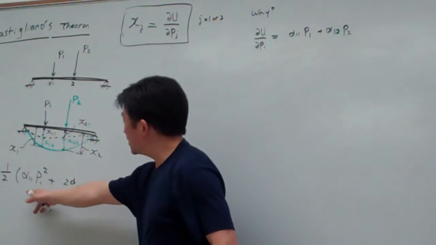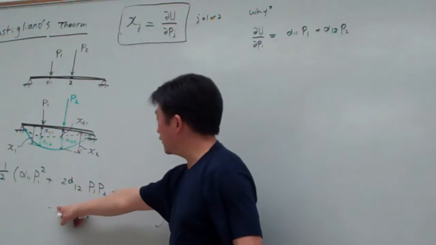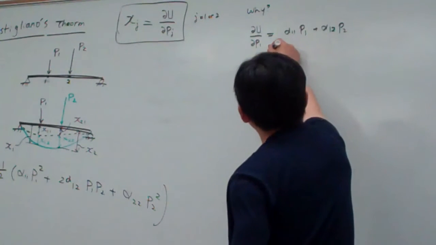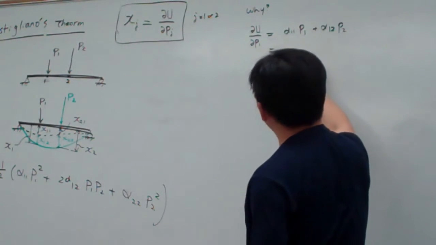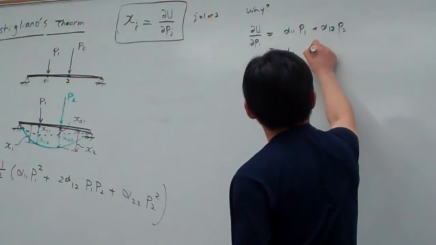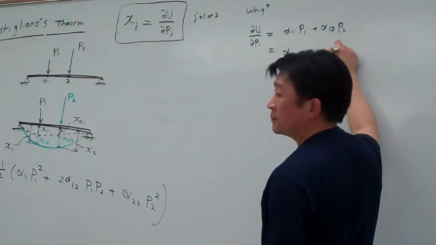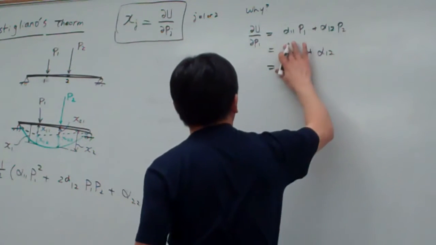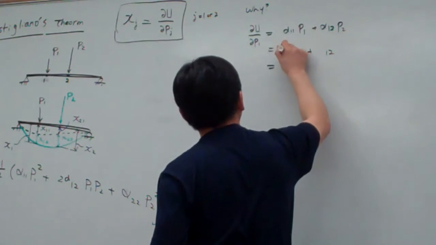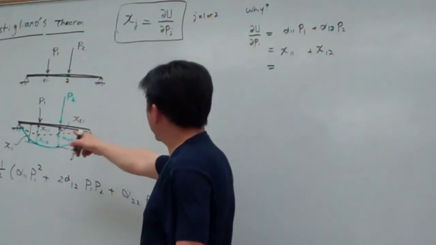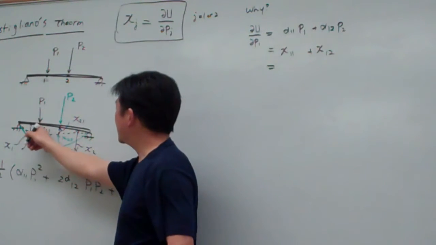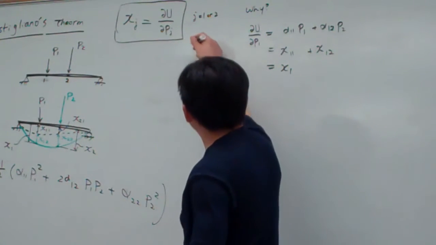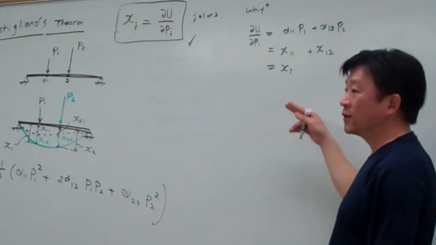Upon the whole expression, I simply take the partial derivative with respect to P1 and get this result. What is this? Per our notation, this is alpha 11 and this is alpha 12, so x11 plus x12 equals the displacement at this point. So we prove this one.